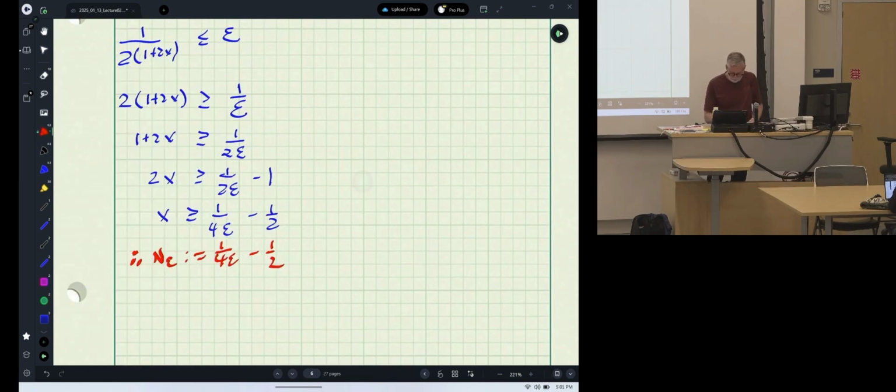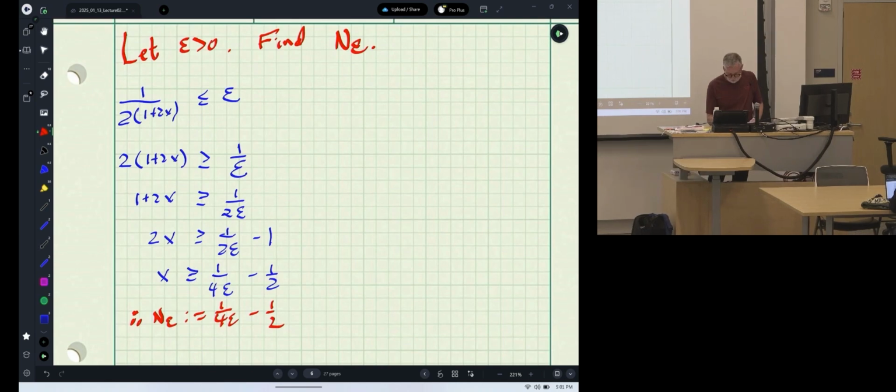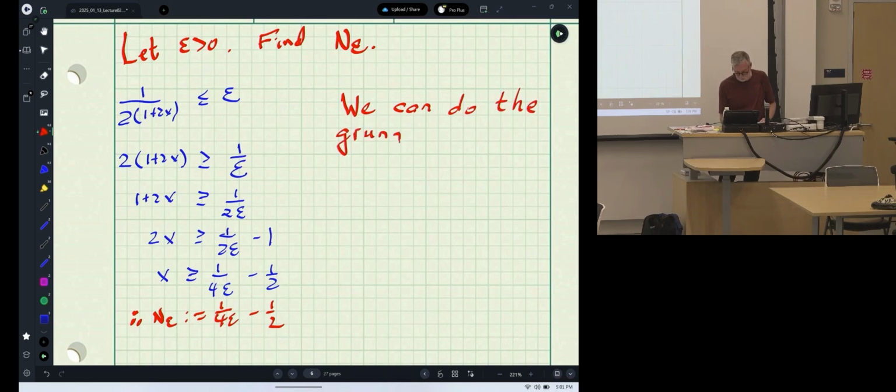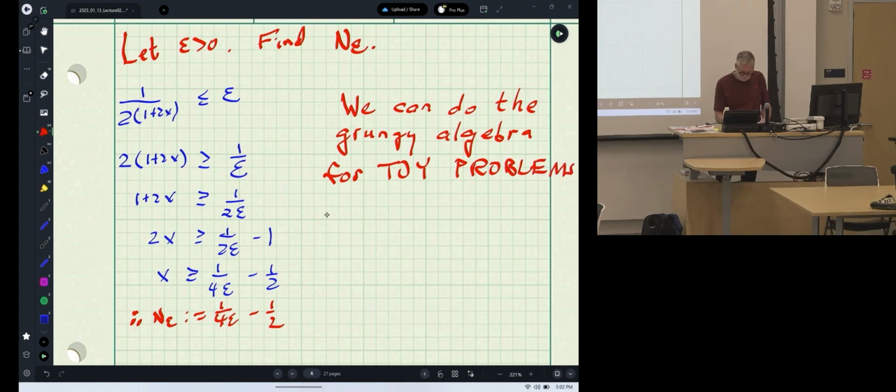Okay, so here's the key point, though, is that we can do, and I'll call it like it is, the grungy algebra for toy problems and very little else.